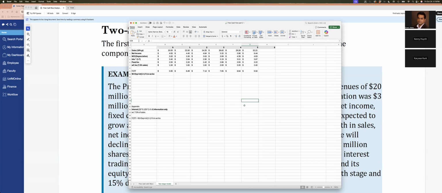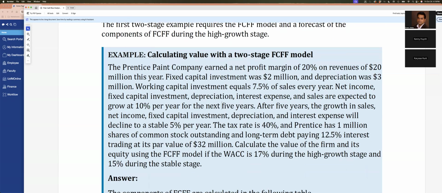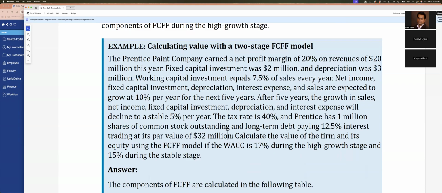So that's the thing. Next one, he said, we already calculated for the first 5 years. So tax rate is, for instance, 1 million shares. So calculate the firm using equity, free cash flow firm using WACC is 17% using the high growth stage and 15% stable growth. After 5 years, the growth in sales and net income, capital, depreciation will be stable at 5% per year.